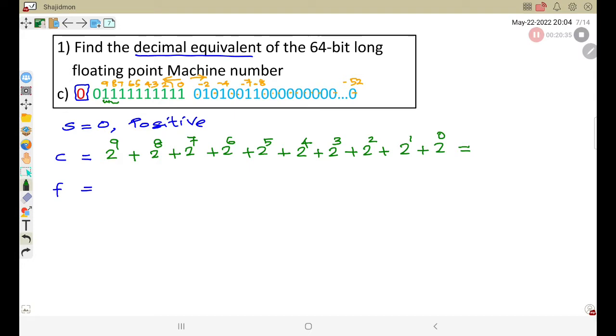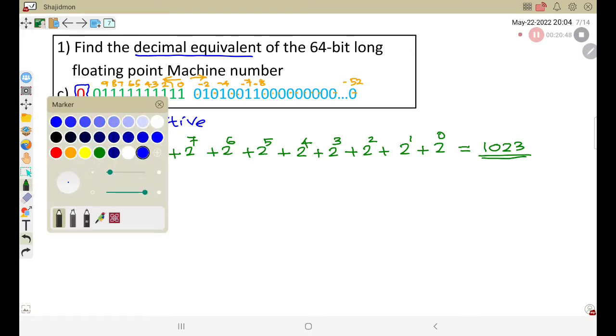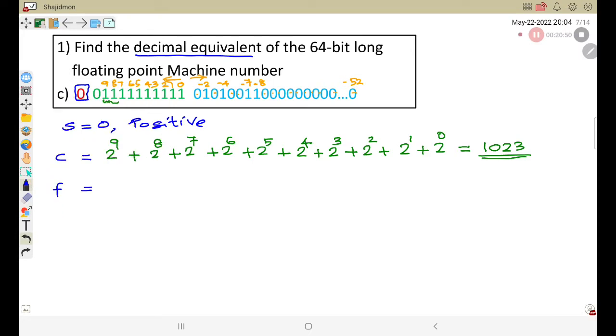When you enter it in the calculator, you will get 1023. 1023 is the decimal number representing the characteristic part. Now we go to the fractional part in the same way.